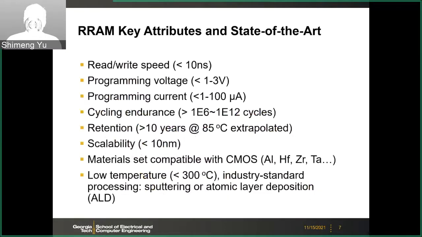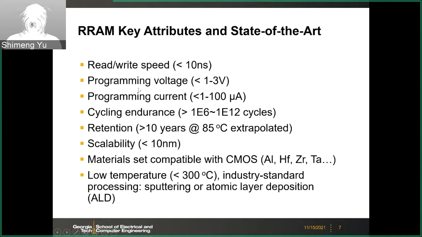So next, let's have a summary of the key attributes of the RRAM devices as a memory. And here, a typical read and write speed to switch from high to low, low to high resistance could be as low as 10 nanoseconds, and sometimes you may need hundreds of nanoseconds. But the state of the art can be less than 10 nanoseconds.